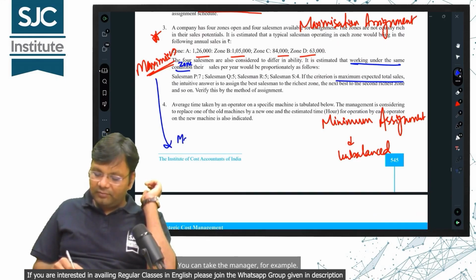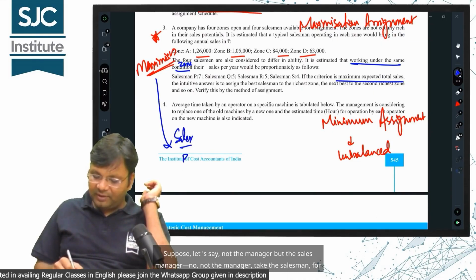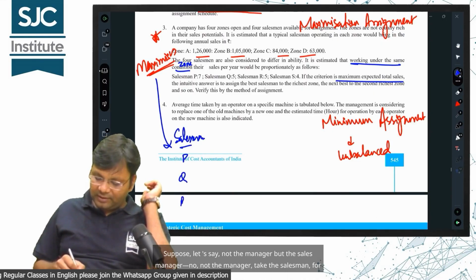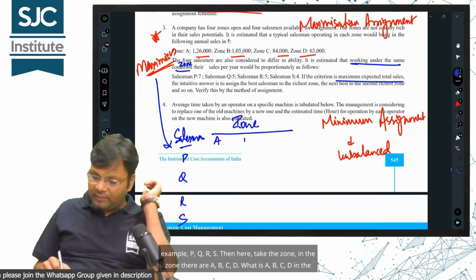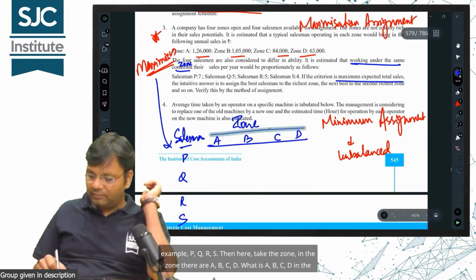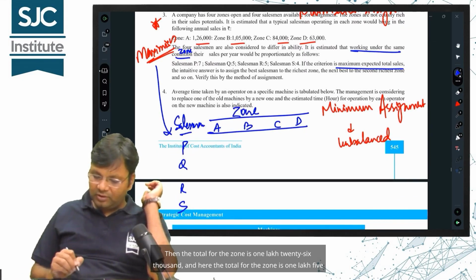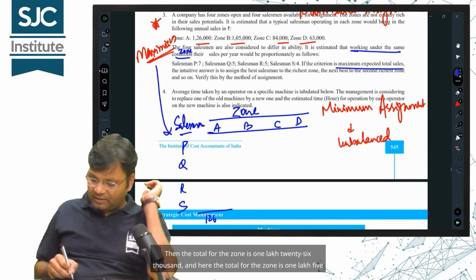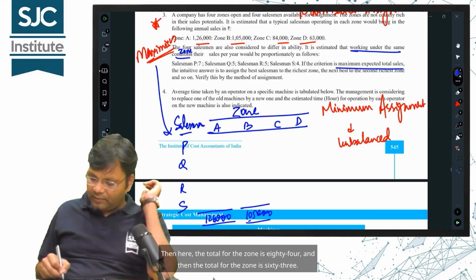Take the salesmen, for example, P, Q, R, S. Then here, take the zones A, B, C, D. Then the total for the zone is 1,26,000, and here the total for the zone is 1,05,000. Then here, the total for the zone is 84,000, and then the total for the zone is 63,000.